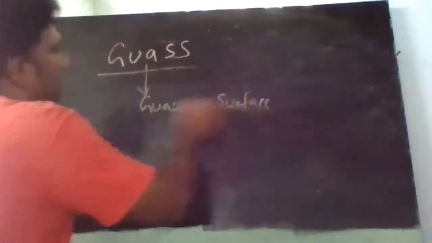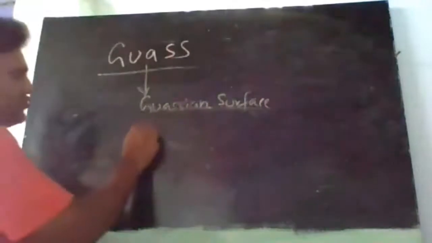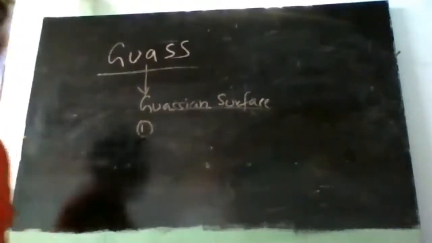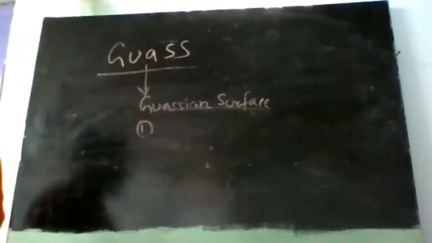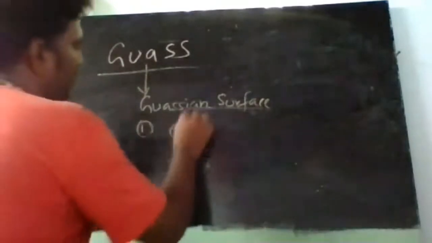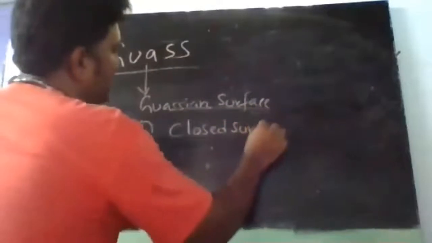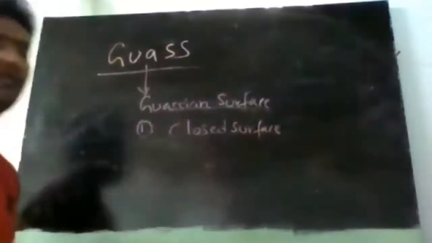What is a Gaussian surface? It has to satisfy two important conditions. First condition is it should be a closed surface, that can be regular or irregular.